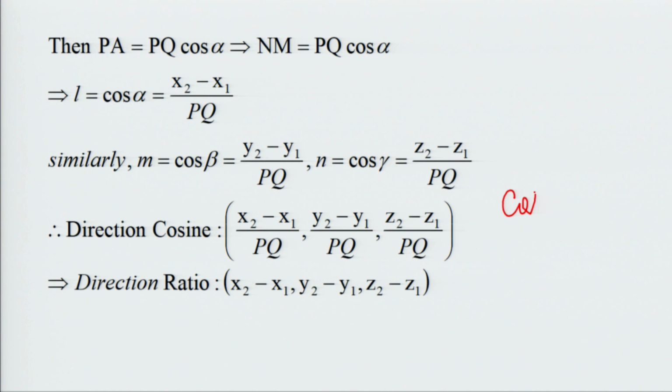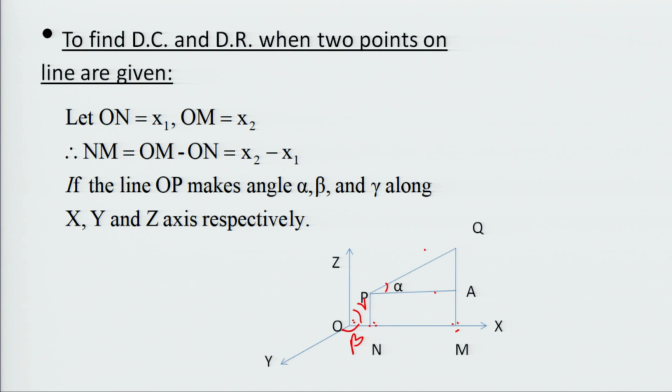Writing cos alpha is PA upon PQ, which implies PQ is equal to PA upon cos alpha, and PA is equal to NM, and that is x2 minus x1.